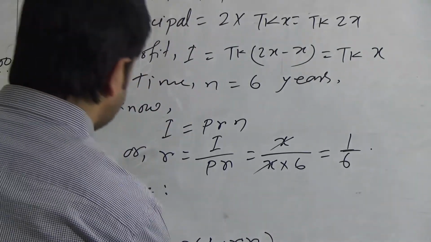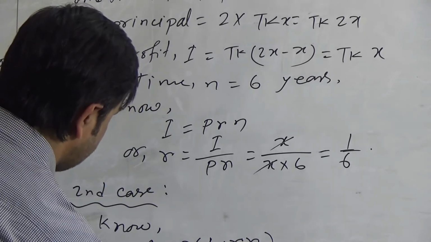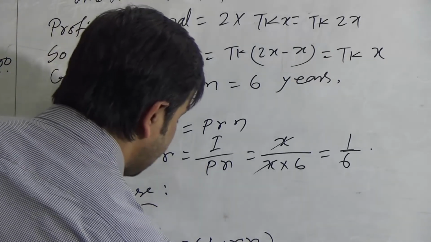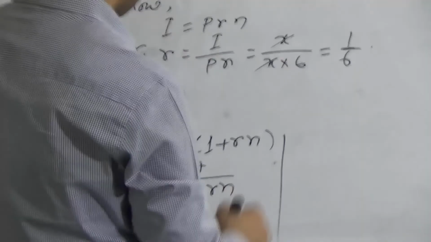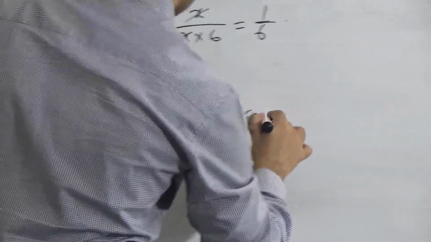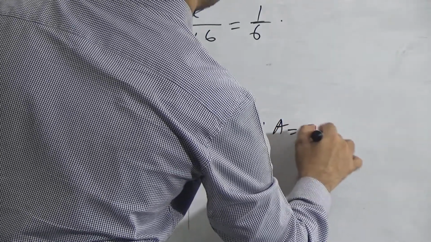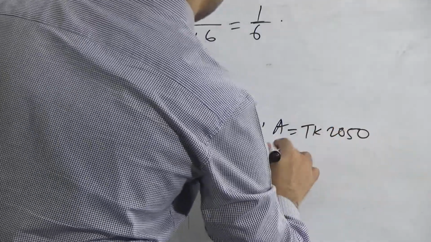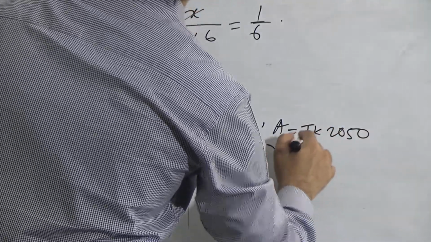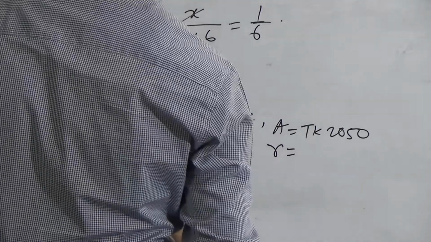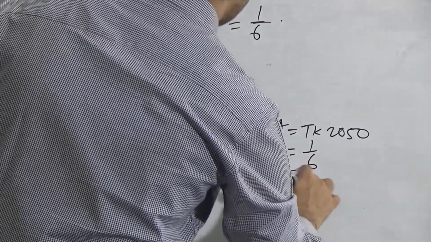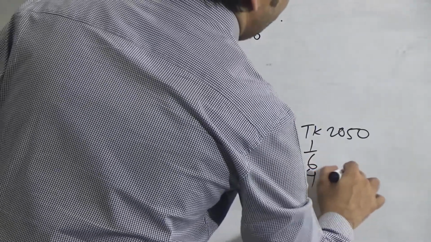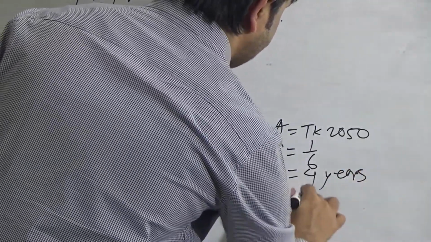As we need to determine the principal, we can write P equal to A by (1 plus Rn). Now we have to put the value here. A equal to, given, taka 2050. R equal to 1 by 6 and N equal to 4 years, and we need to determine P.